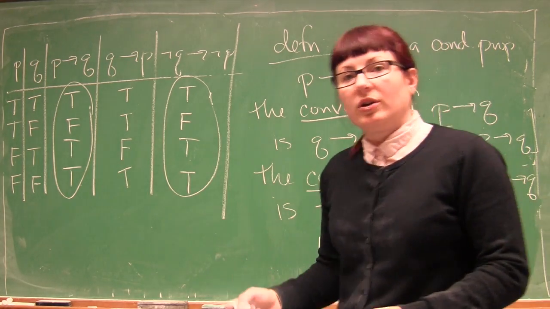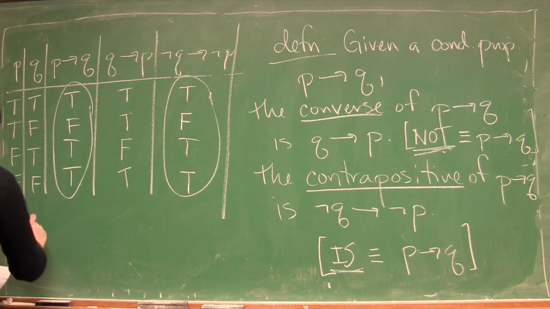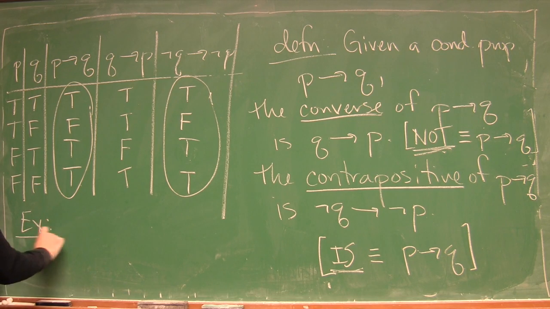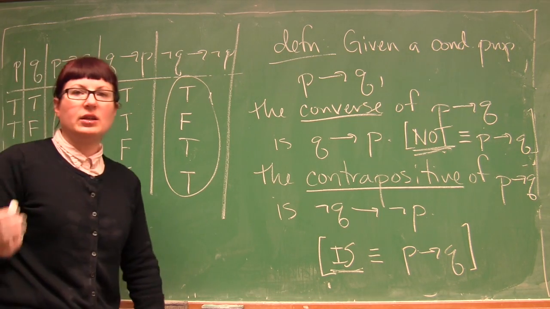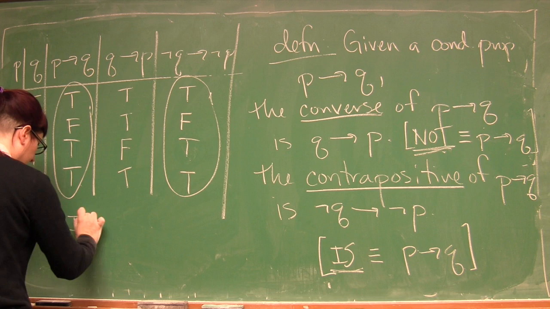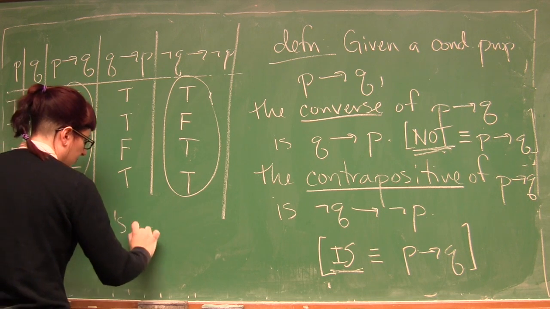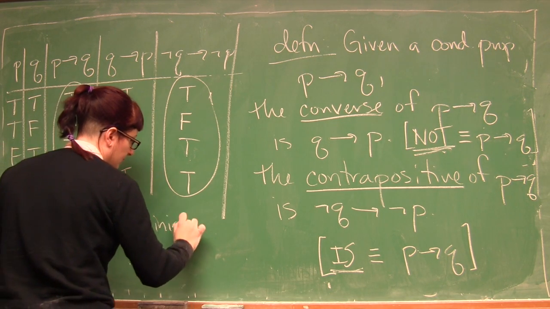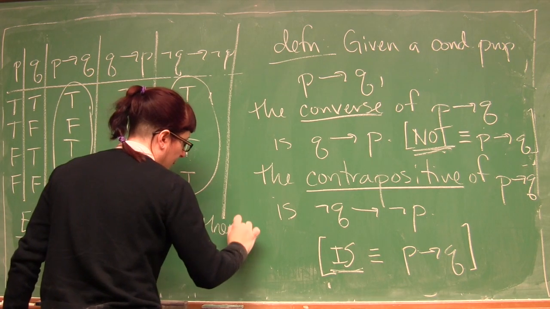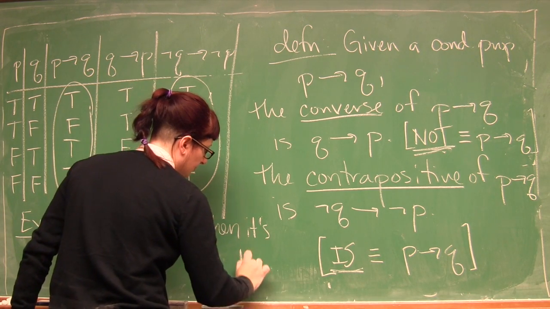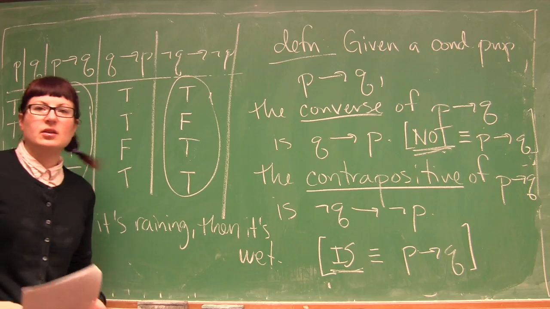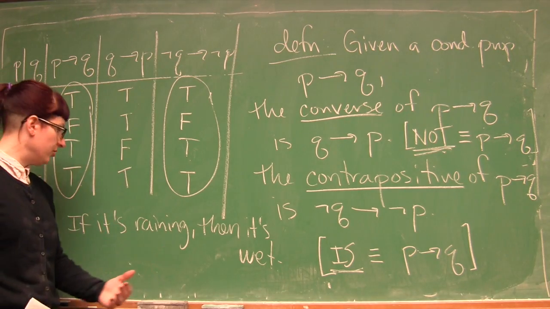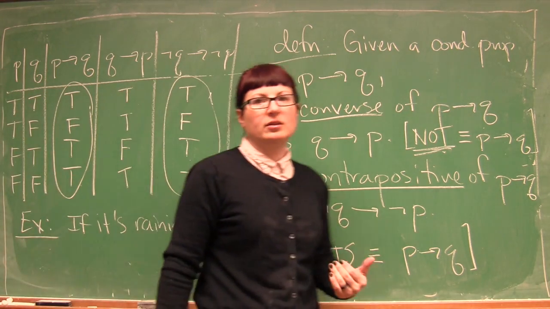One example in words is the following. If it's raining, then it's wet. This is a classical example of an if P then Q statement.